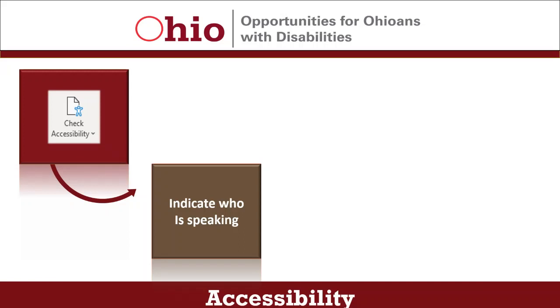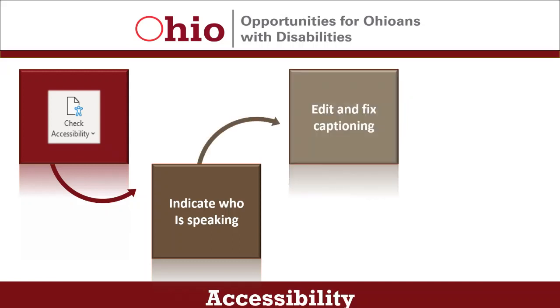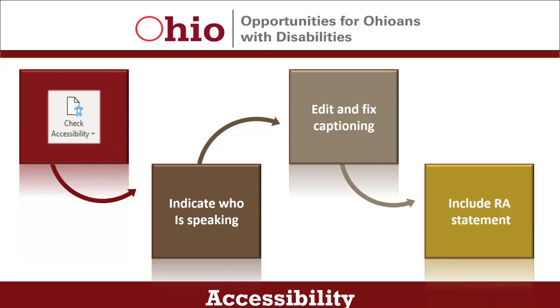This can be helpful when attendees are receiving this information through services like American Sign Language interpretation and live captioning. After the webinar, we edit the transcript and fix any captioning errors before uploading the webinar to our on-demand library. We also include a reasonable accommodation statement in our invitation to the webinar, so if attendees need an accommodation, they know who to contact to ask. Taking these steps up front can make this presentation more accessible and inclusive for everyone.